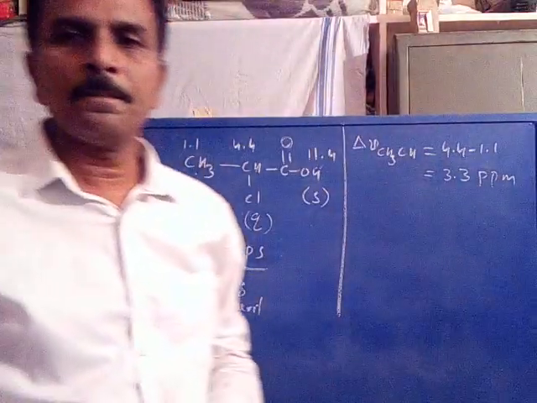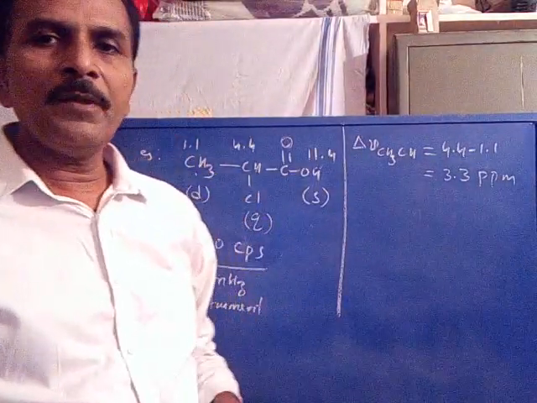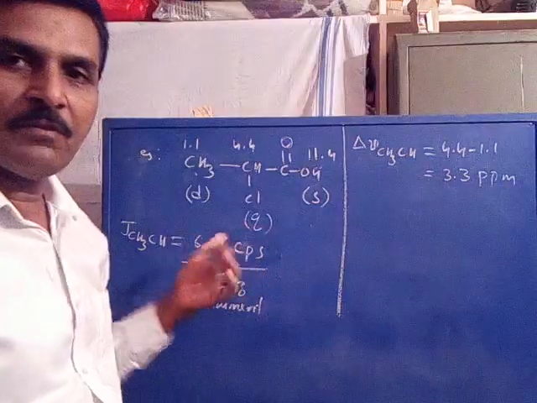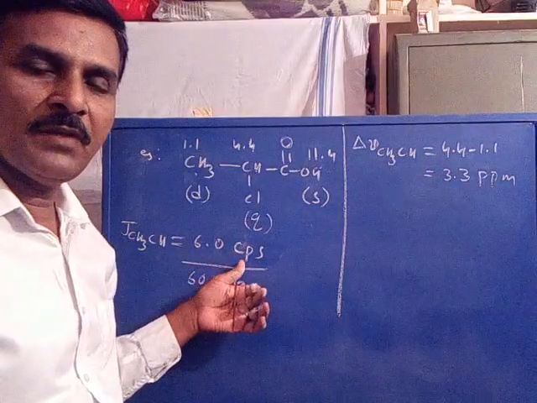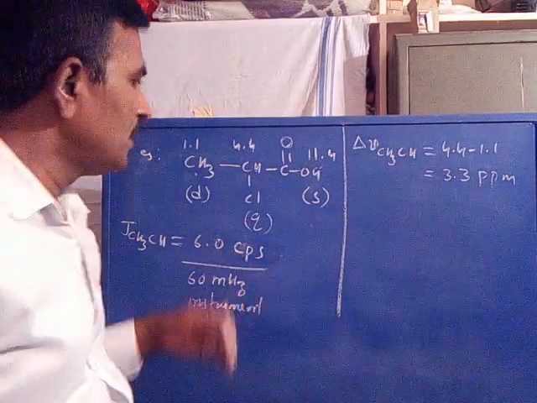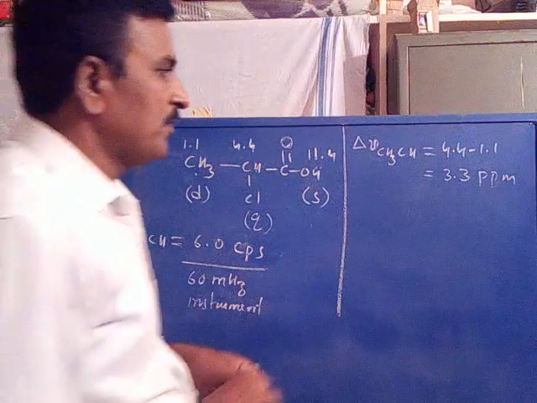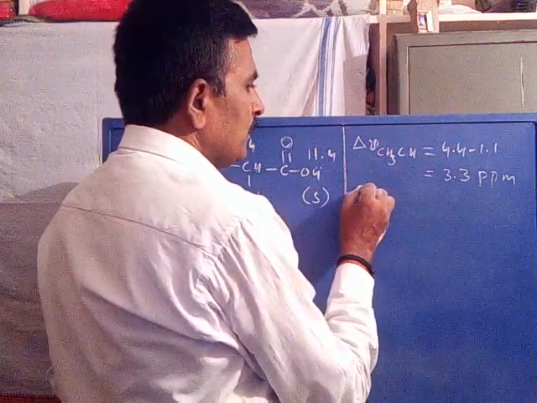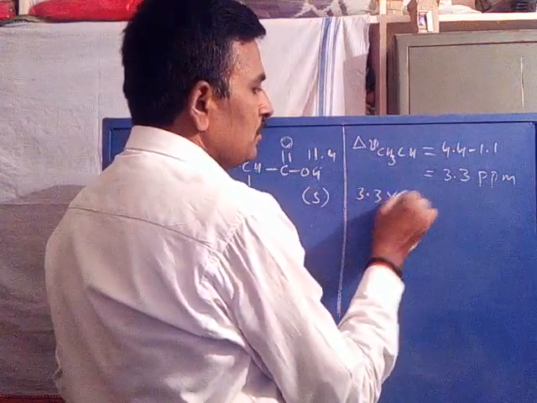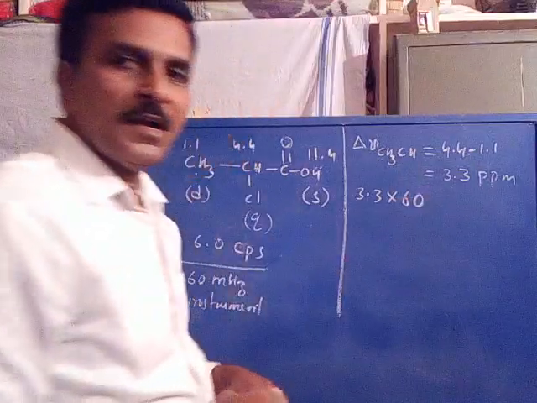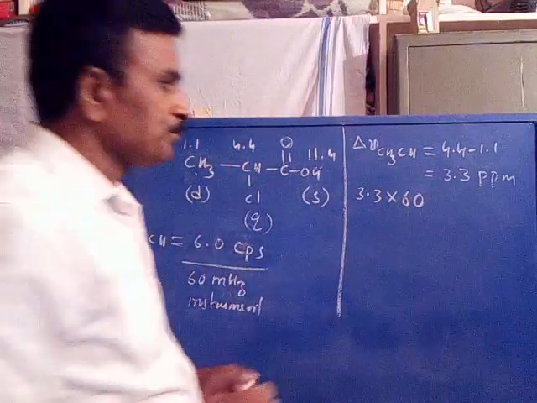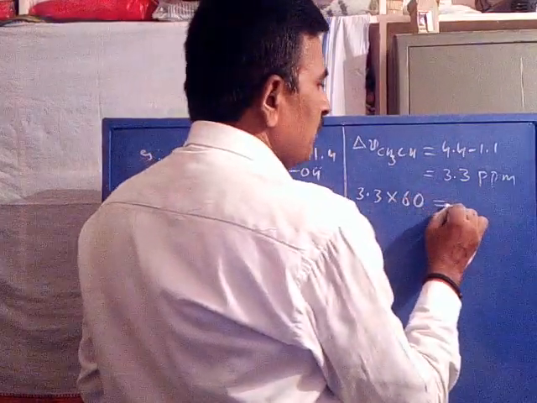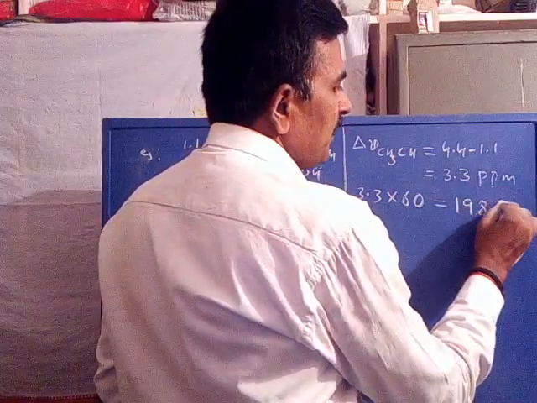Is it clear? Now the ppm should be converted into cycles per second, as the J values are given in CPS units, by multiplying with the instrument frequency. So 3.3 times 60 megahertz instrument frequency equals 198 CPS.